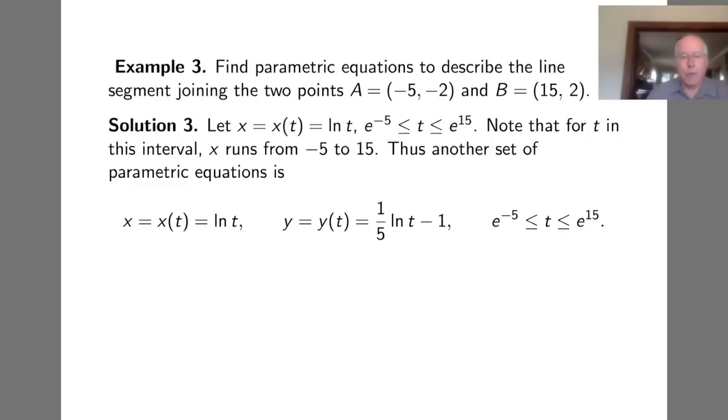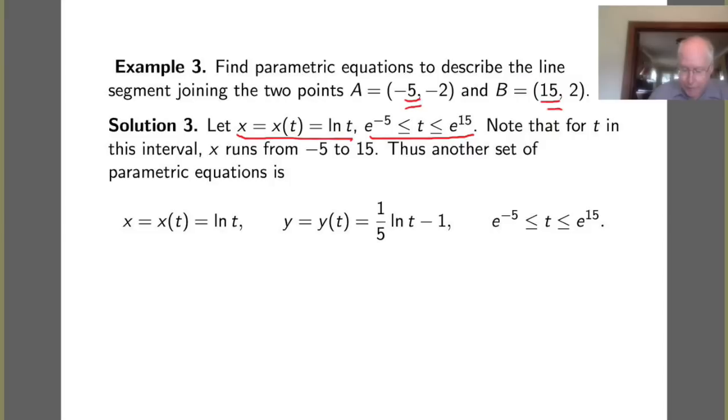For a third solution, we can get even a little fancier, although we don't really gain too much insight. But again, once you let x be anything, we have the Cartesian relation to give y. So, for example, if we decided we wanted to let x of t equal the log of t, and we let t run from e to the minus 5th to e to the 15th, that'll get us the x values between minus 5 and 15.